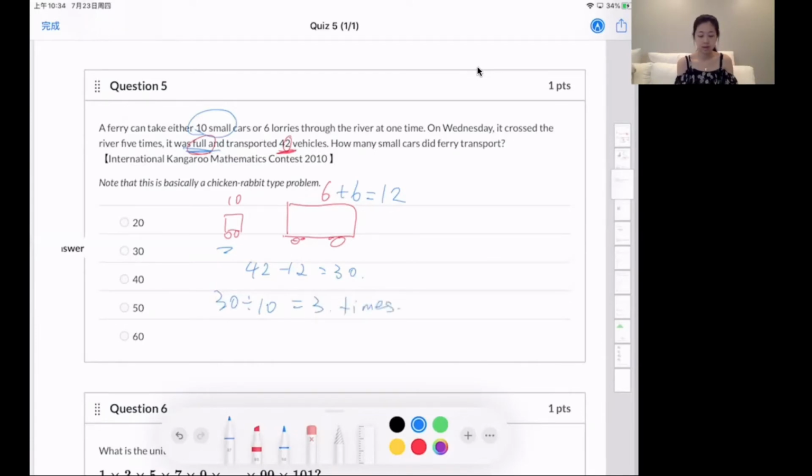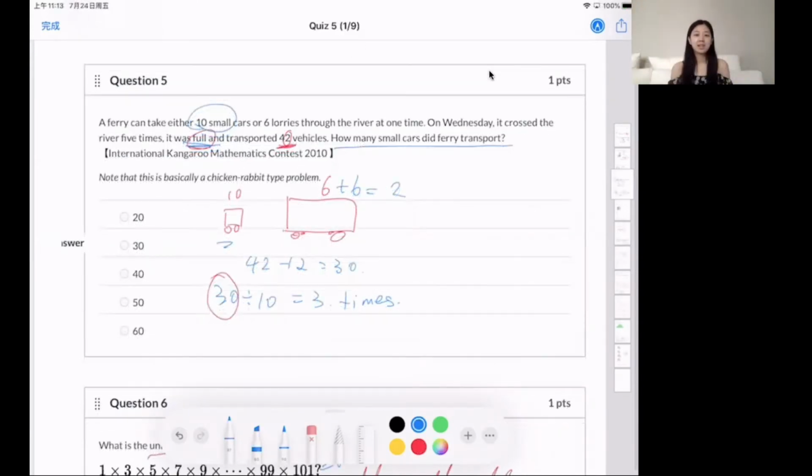And then how many small cars? So it's 30. 30 small cars.